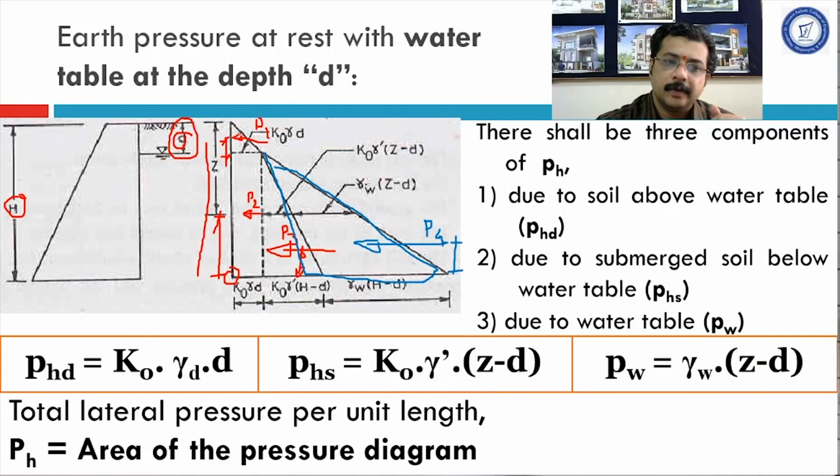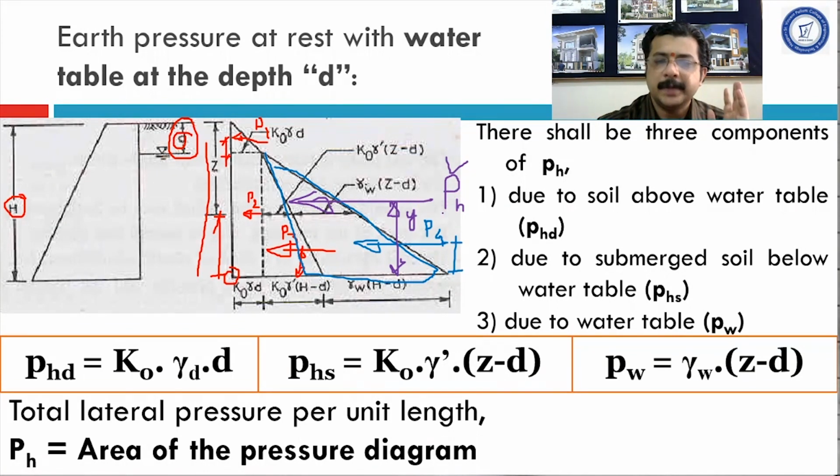Thereafter, we have already found the total area of this pressure diagram, right? That is the total pressure. Let us say that pressure is acting somewhere here. This is the total pressure, PH. PH multiplied by, let us say this distance is y. PH is known to us, y is to be calculated.